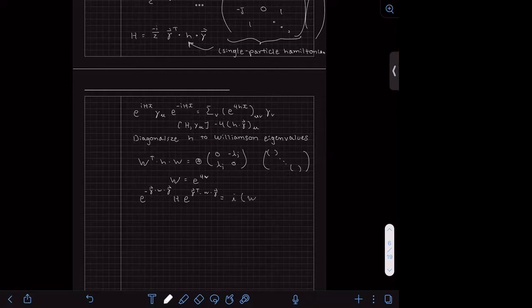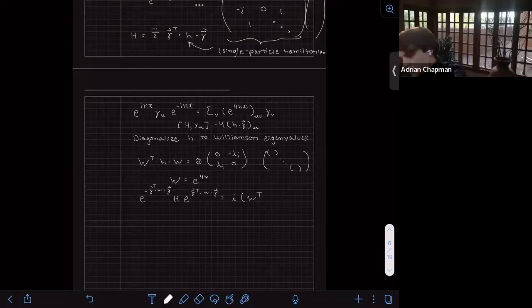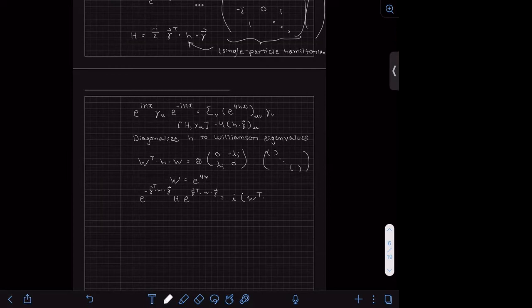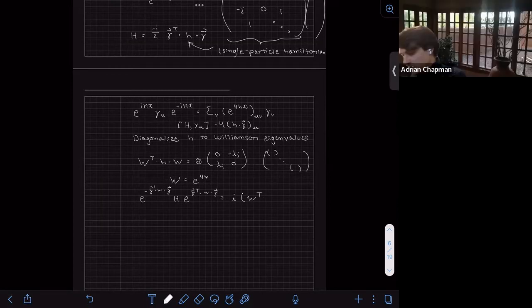Sorry, shouldn't there be a transpose on the vector gamma? Yes, thank you. And I believe I need a factor of 2. Sorry, that factor confused me for a minute.